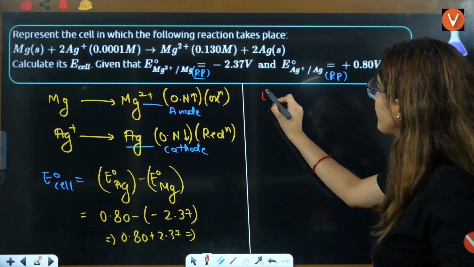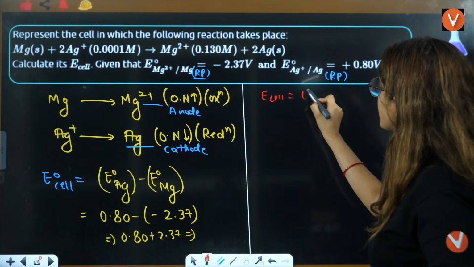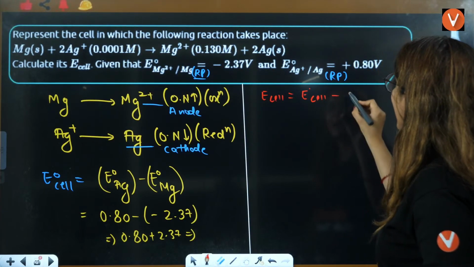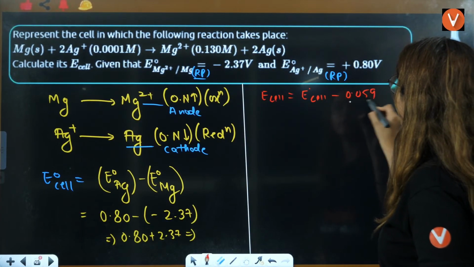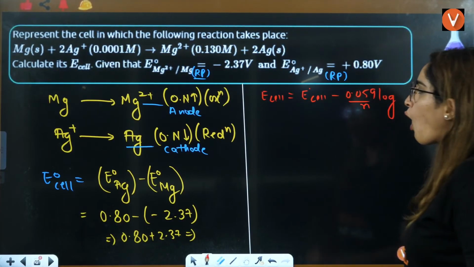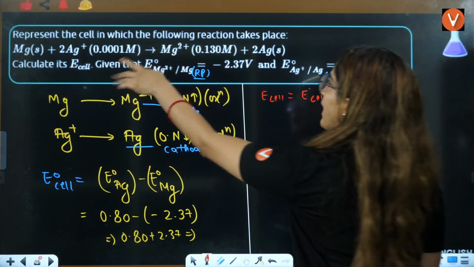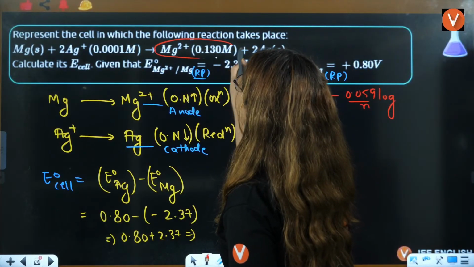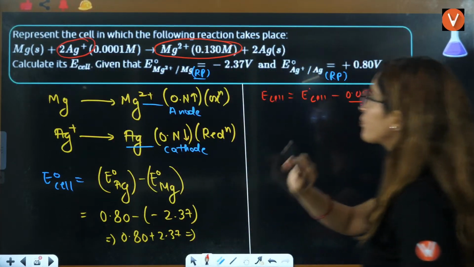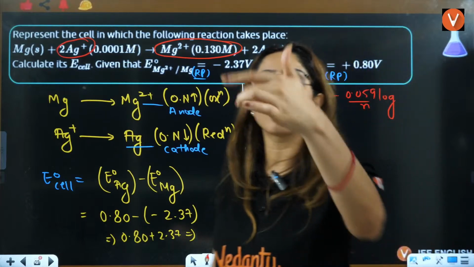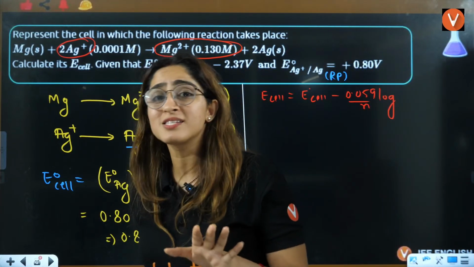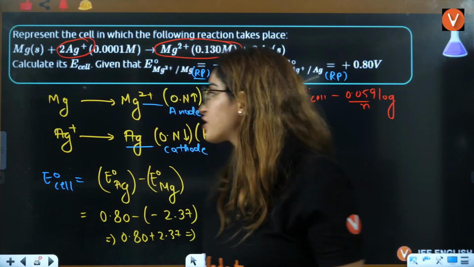After that, you have E cell is equal to E naught cell minus 0.059 divided by N log of products by reactants. So product is this thing, reactant is this thing. Products by reactants can also be learned simply as oxidation by reduction.